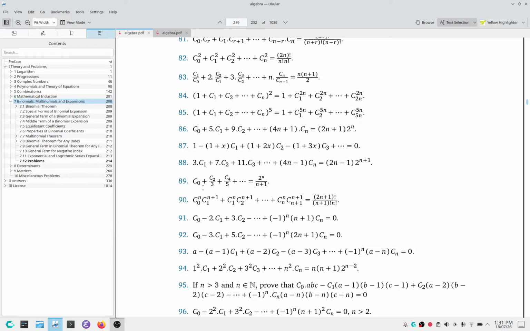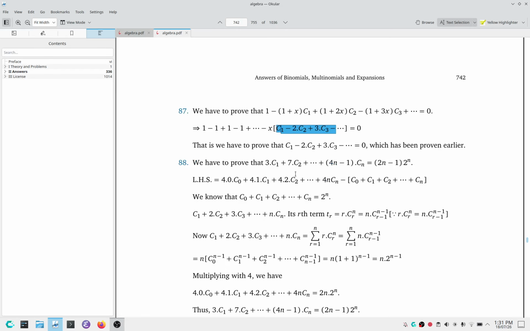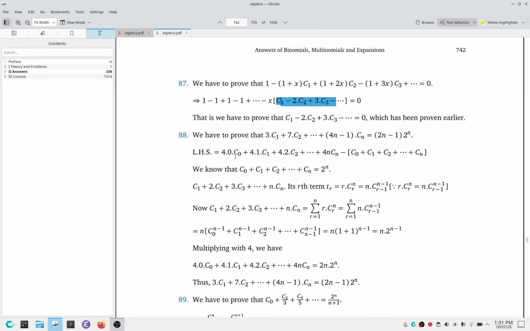Question 88 says that we have to prove that 3 times C1 plus 7 times C2 plus 11 times C3 up to (4n minus 1) times Cn is equal to (2n minus 1) times 2 to the power n plus 1. So we can write this as 4 times 0 times C0 plus 4 times 1 times C1 plus 4 times 2 times C2 up to 4n Cn minus (C0 plus C1 plus C2 up to Cn).